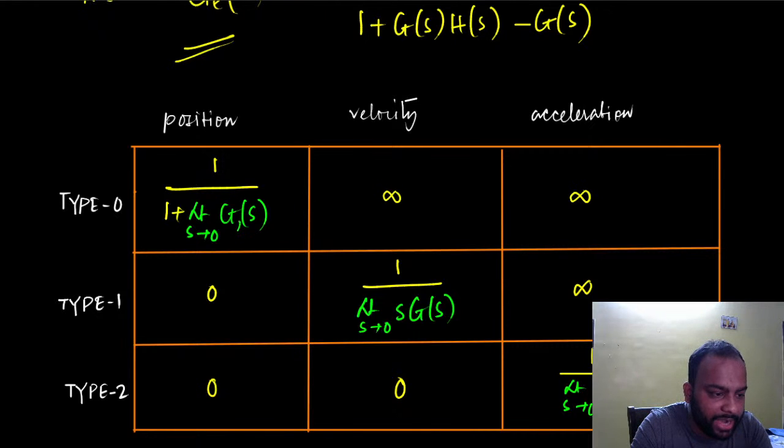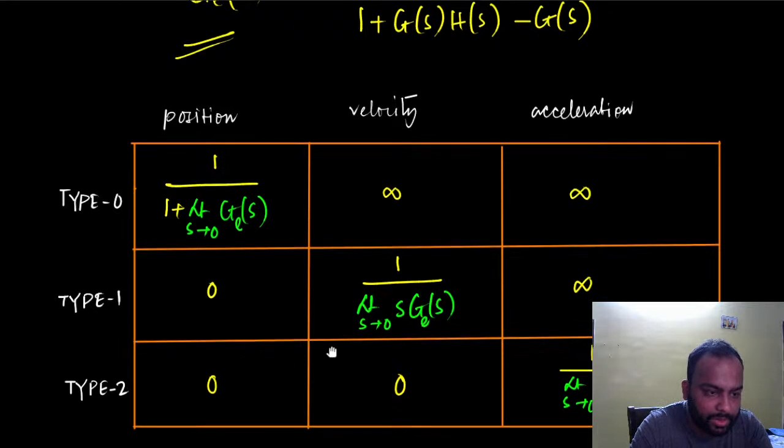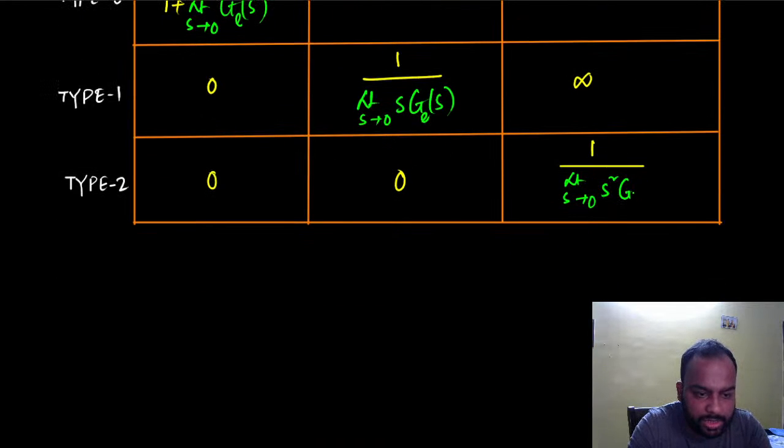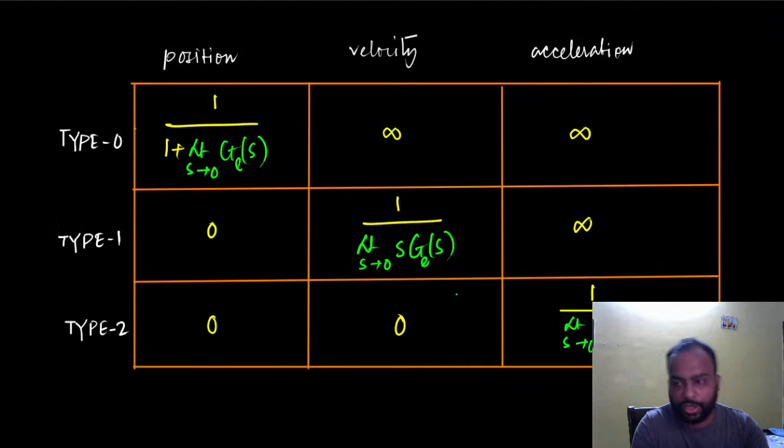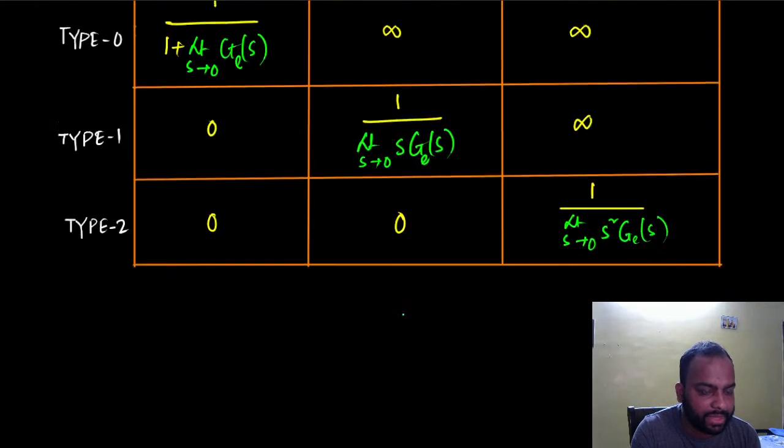So essentially I would write G_E(s) here, and G_E(s) here, right? So if I give you a unity feedback system, then no problem. If I don't give you a unity feedback system, then that's a problem.